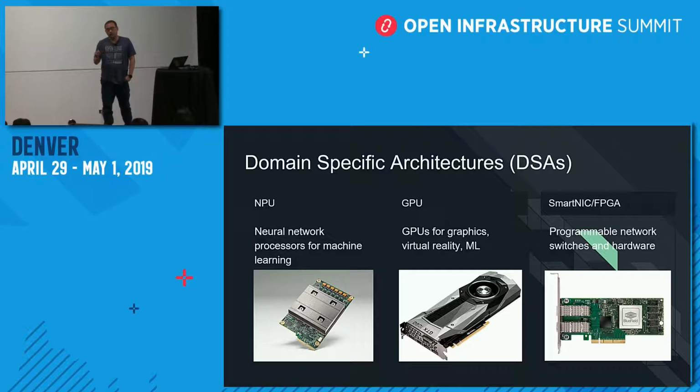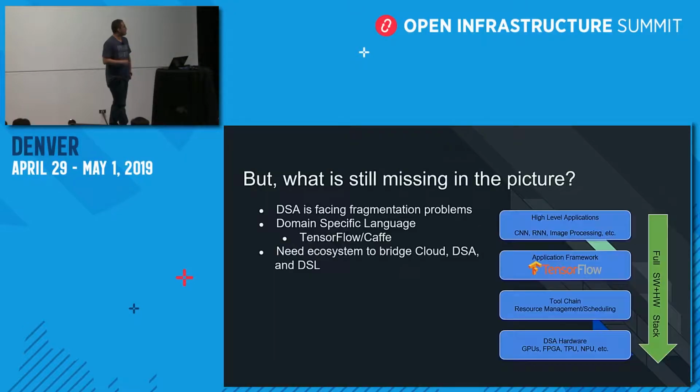It describes a piece of hardware that does only a small set of things and does them very, very well. For instance, neural network processors for machine learning. An example is the TPU from Google. We also have GPUs, which we use to do a lot of the training and inferencing, as well as FPGAs, on which you can load your customized logic to accelerate, for instance, your network functions and pretty much anything you can think of.